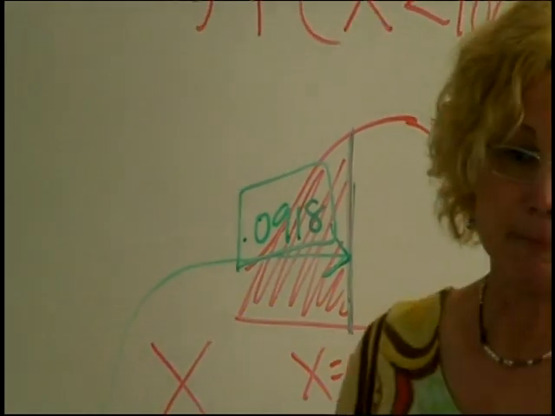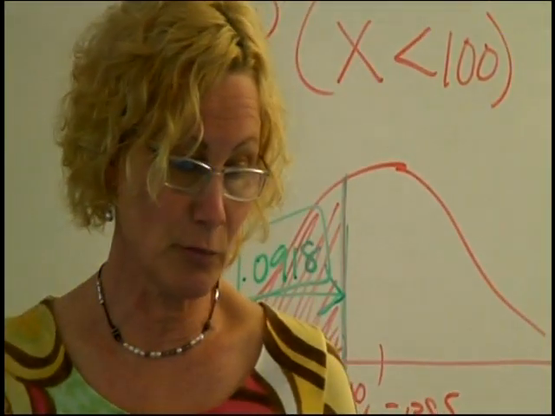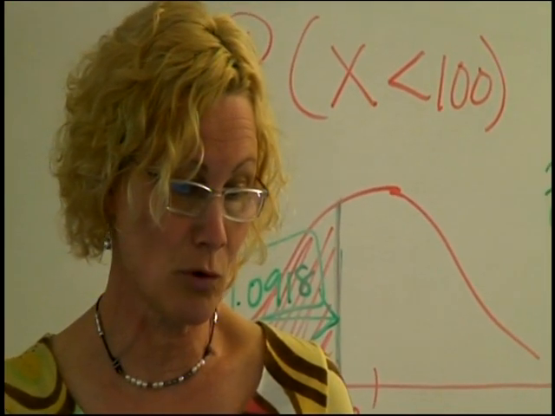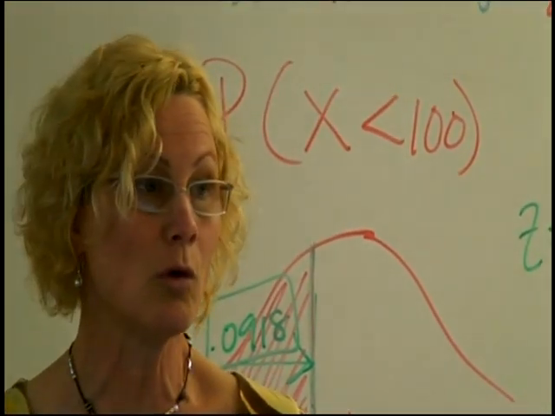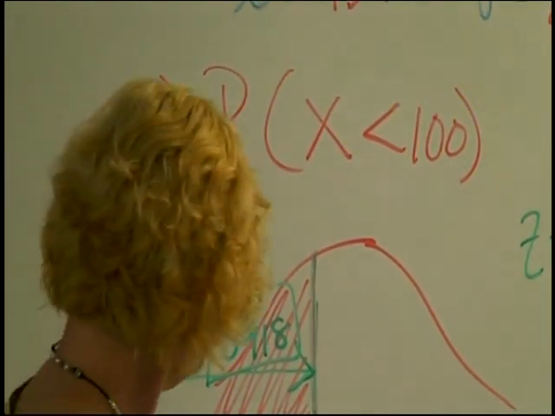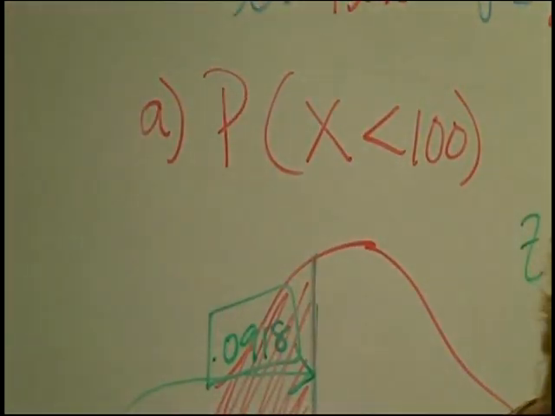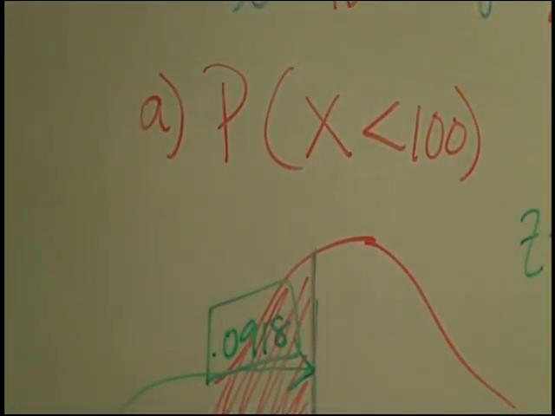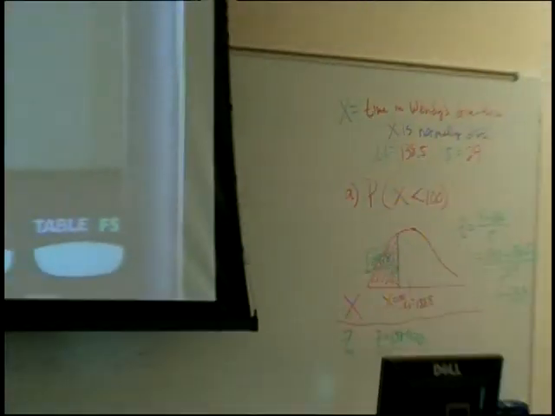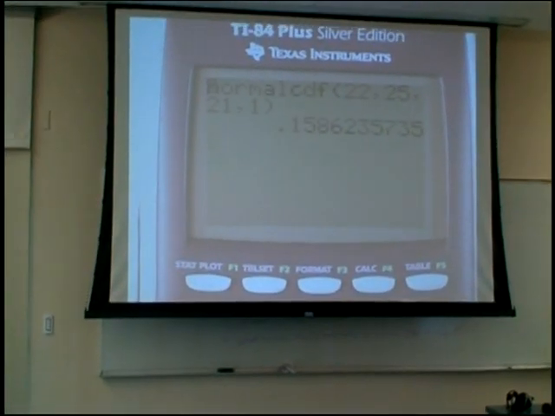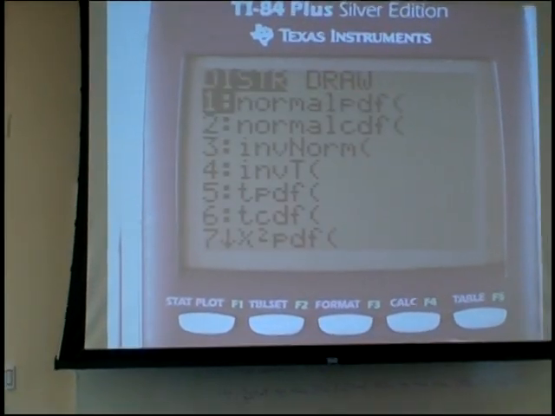So let's go on to part B. What's the probability that a randomly selected car will spend more than 160 seconds? Oh, we ought to do this by calculator, huh? Let's do that. Okay, so we're going to get the normal CDF.